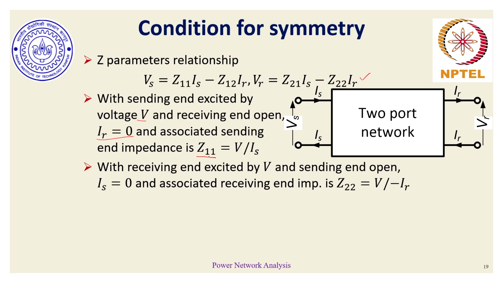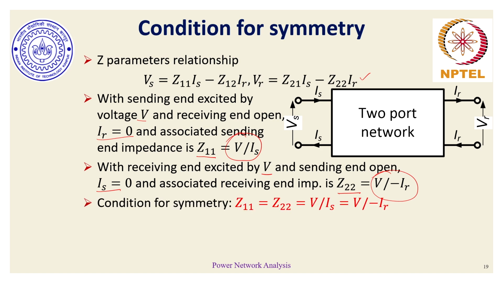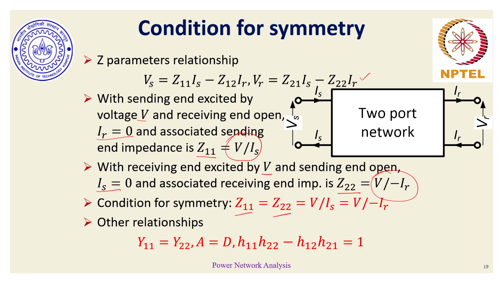And again, if we do the same thing on the receiving end, that means we excite the receiving end by V and open the sending end port, then we have Z22. For symmetricity, V by IS should be equal to V by minus IR. That's the property of symmetricity. So essentially, in terms of Z parameters, if Z11 and Z22 are equal for a two-port network, the two-port network is called symmetric.